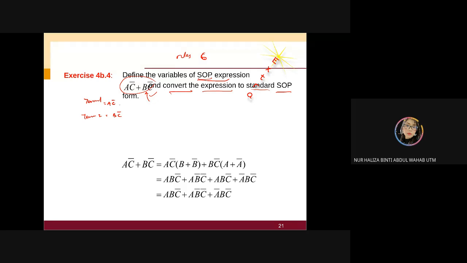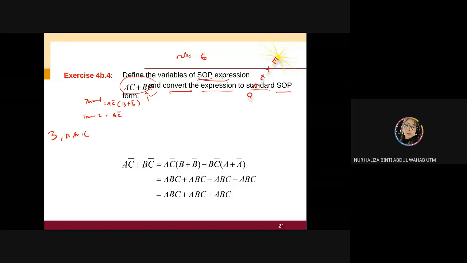So you are missing, okay, this one is quite easy because you only have 3 variables. What variables? A, B, and C. So for term 1, you are missing B plus B bar.